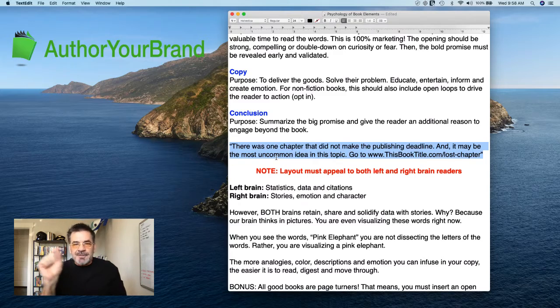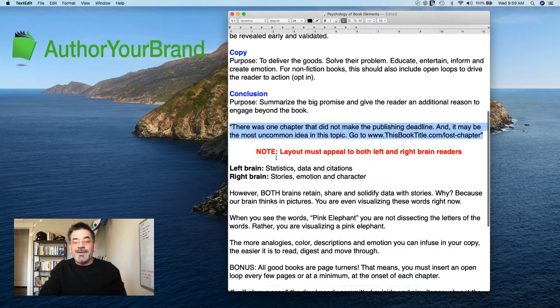So we should intersperse data, bullet points, and call out boxes inside the manuscript. This is not part of the writer's function. This is part of the editor's and the layout person's function. But the content of that, if our interviews have revealed a lot of data, then put that in the book and we'll manage it later for how to lay it out.